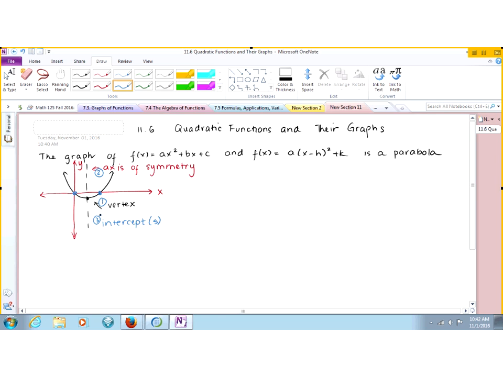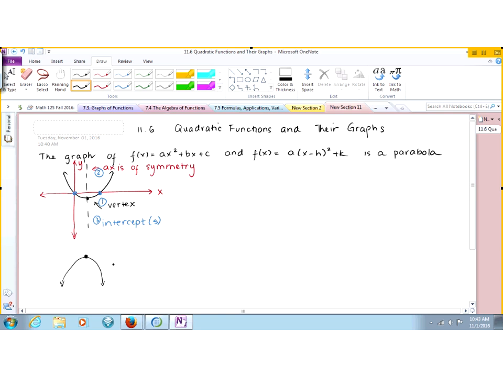So that's what we're going to use when we graph. Is this the only way that the quadratic function looks? The other way is when it opens down. Your parabola can open down and look like this, so the vertex is on top. Does the parabola that opens down have a maximum value or a minimum value?